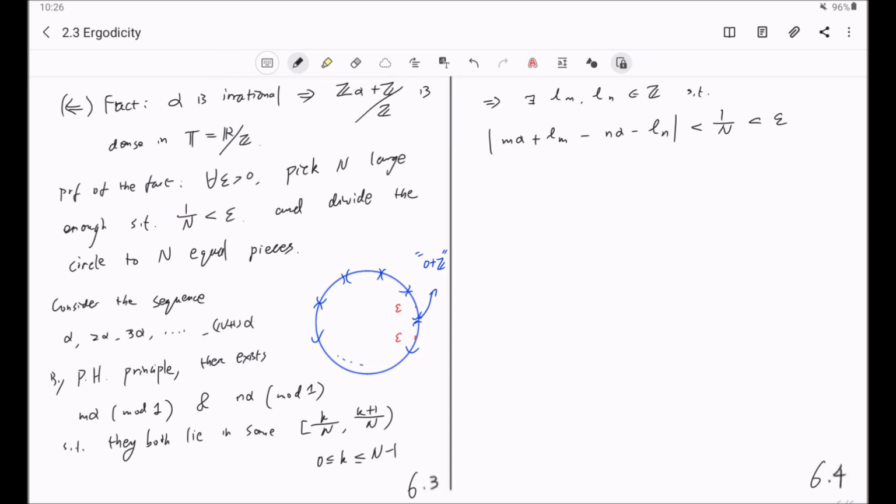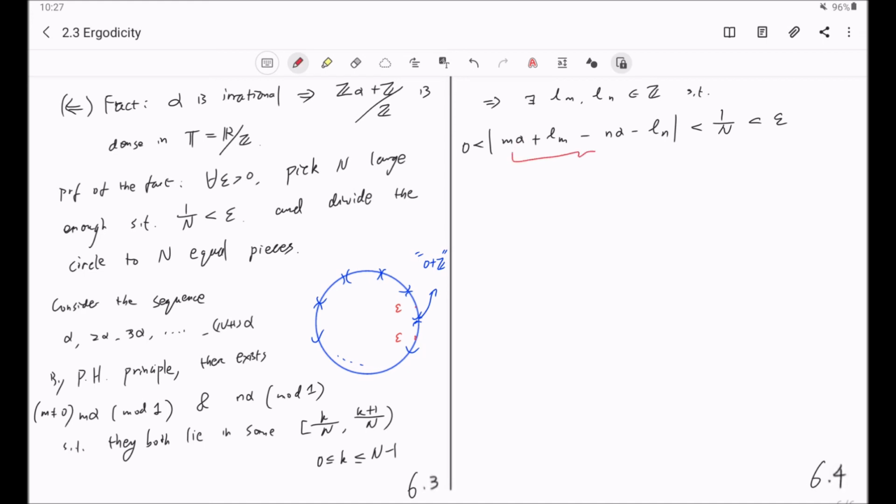But at the same time, this is very important, this is strictly greater than 0. Because from the beginning, you can always choose m to be not equal to n, because we are choosing 2 points in this sequence, not just 1 point. So here, m is not equal to n. And if m is not equal to n, the number here must be an irrational number. In particular, it is not equal to 0. So this must be greater than 0.